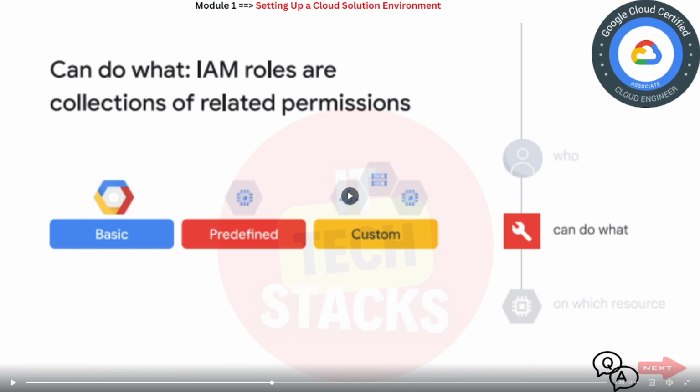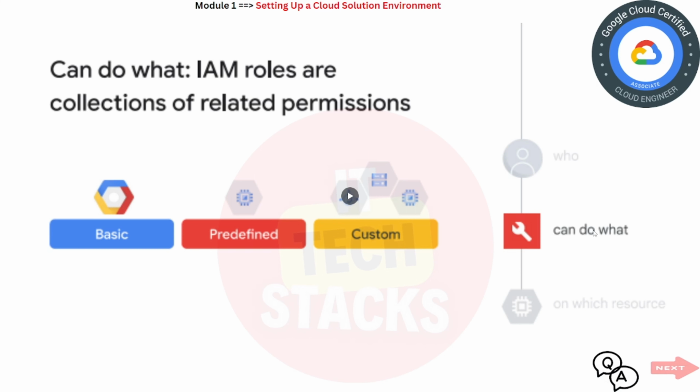The can-do part of an IAM policy is defined by a role. What kind of role must that person or account have? An IAM role is a collection of permissions, because most of the time you need more than one permission to do meaningful work.